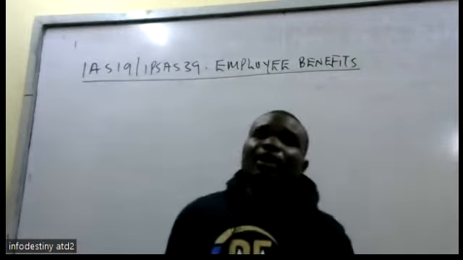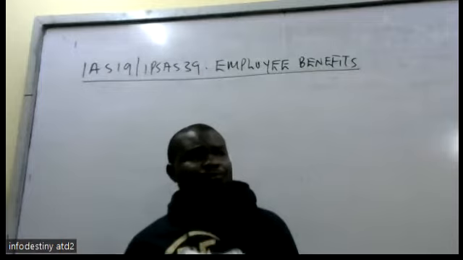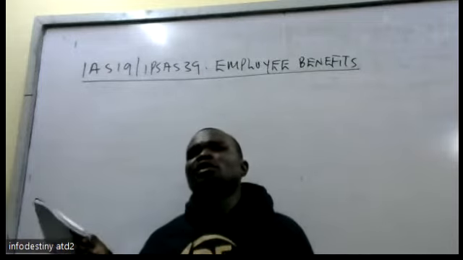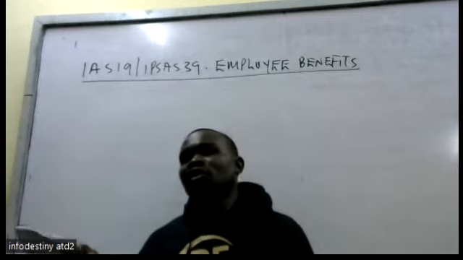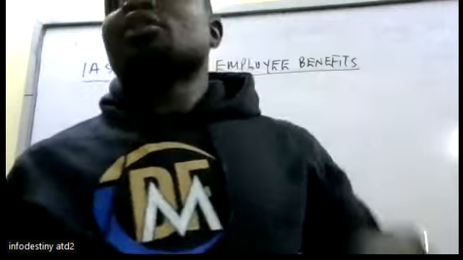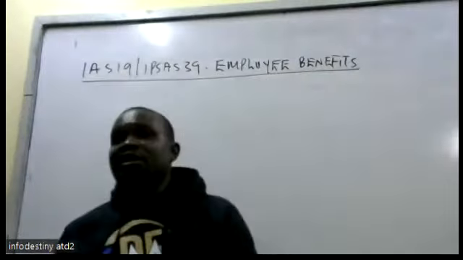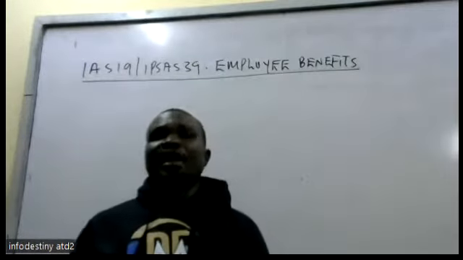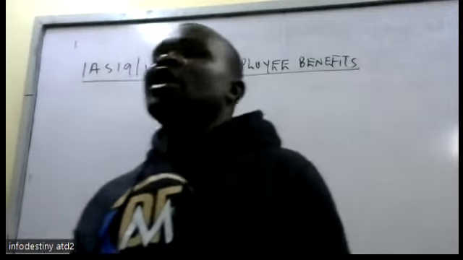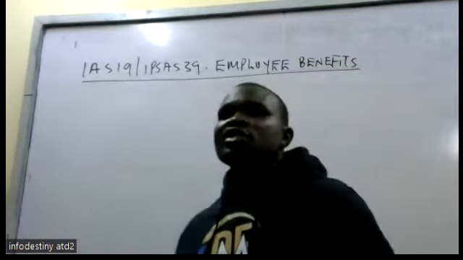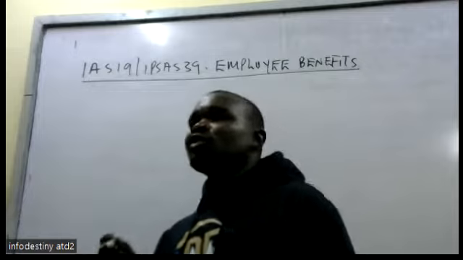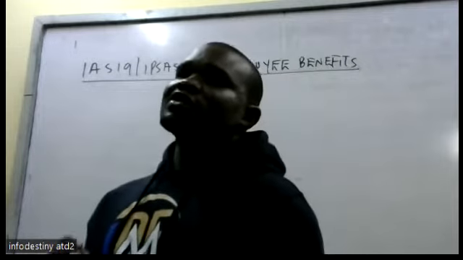Let me tell you a story. One day I went to the accountants' sacco called Mwasimu, because I wanted a loan facility. In that loan, one of the guarantors, if you have a life insurance policy, then that life insurance policy can act as your guarantor. So instead of telling people to come and guarantee me, Mwasimu will allow you to use your insurance as a guarantor.